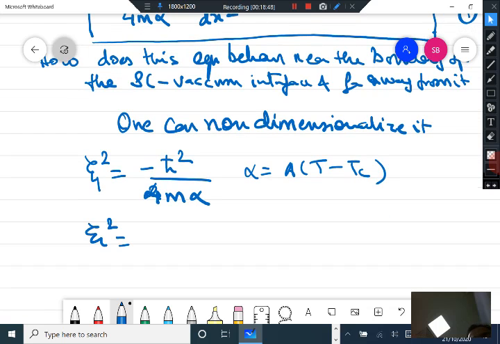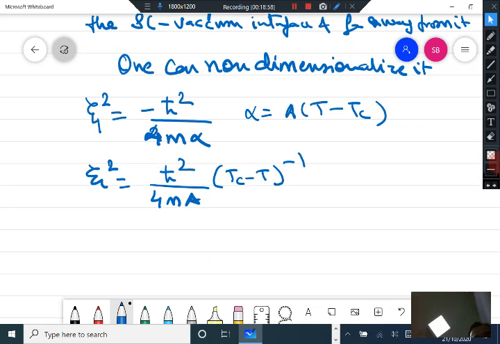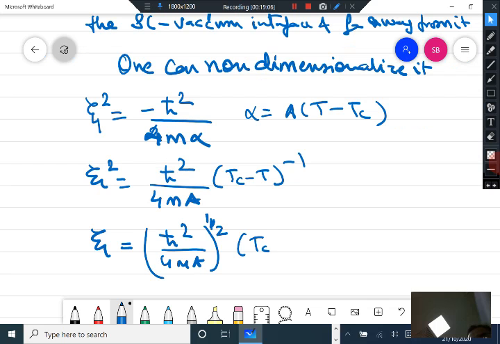Xi square is nothing else but h cross square by 4m a tc minus t raised to minus 1, or xi is h cross square by 4m a raised to half, tc minus t raised to minus half.